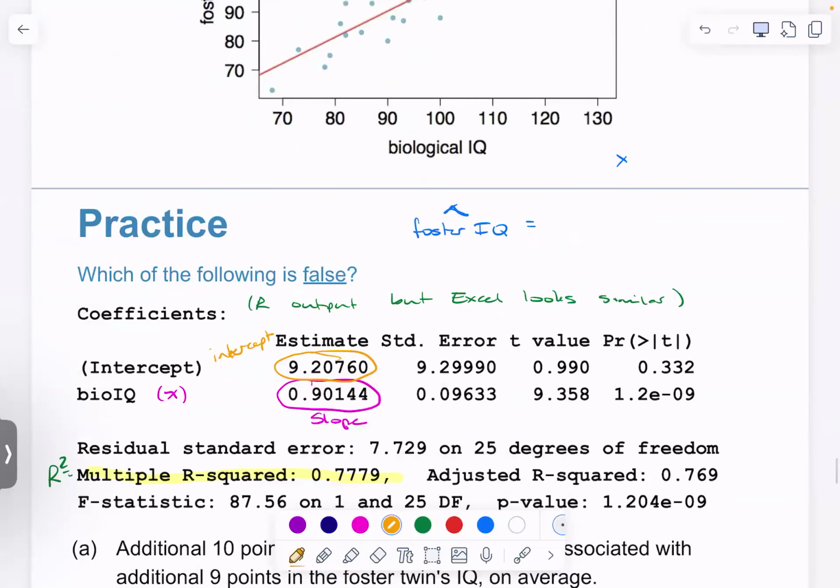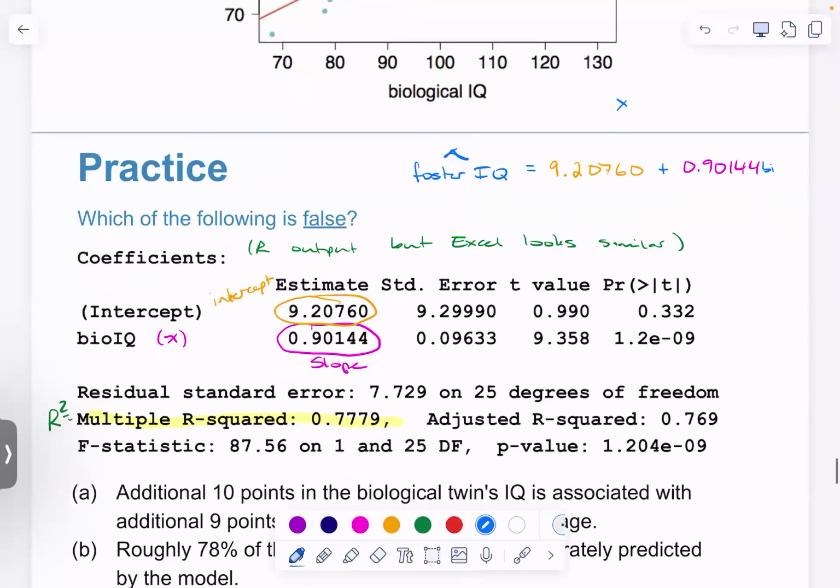From the output it is 9.20760 plus the slope 0.90144 times x, or if we want to replace it with the bio IQ, which is your x.